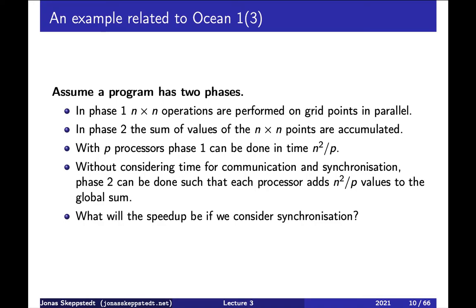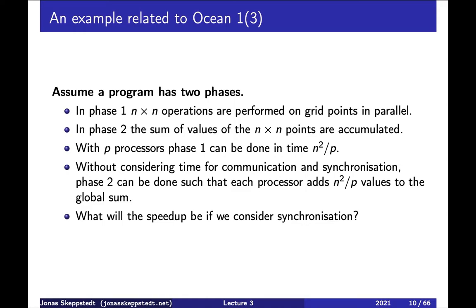In phase 2, we want to add the values computed for each grid point. So how can we parallelize this? Well, the first phase can be done by letting each processor get a part of these n squared grid points. So we can get linear speed up in the number of processors that we use.